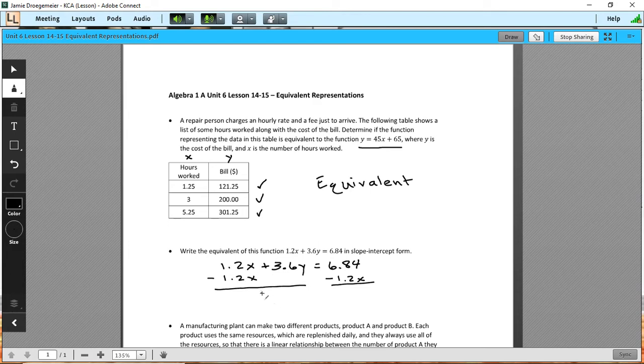Those zero out here, and it leaves me with just 3.6y, and that's equal to negative 1.2x plus 6.84. Then my last step, to get the y by itself, I need to divide everything by 3.6. I need to make sure I divide every term by that 3.6.